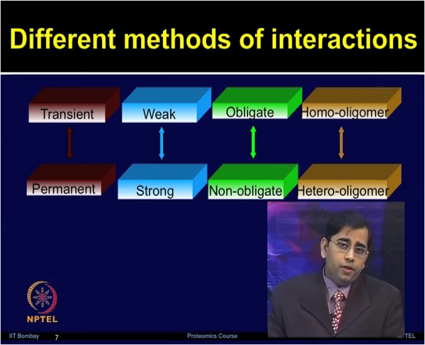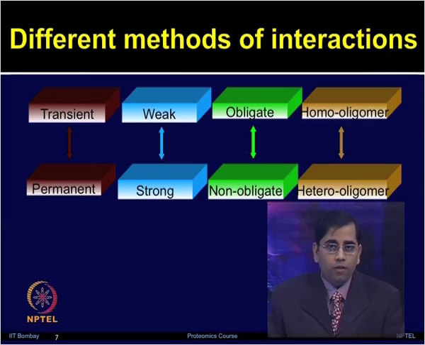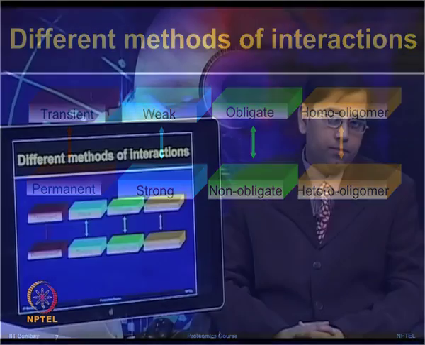A few interactions are very weak, whereas other interactions could be very strong. Interactions could also be obligate as well as non-obligate. They can form homo-oligomers as well as different types of oligomeric units can combine and form hetero-oligomers.